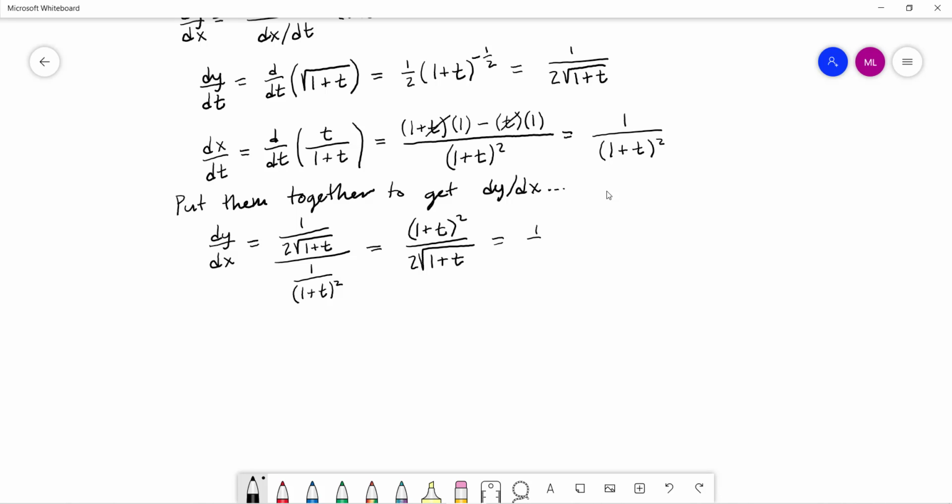And that can combine to give us this 1/2, because of this 2 down in the denominator, times 1 plus t to the 3/2 power. We have a 1 plus t squared on the numerator, 1 plus t to the 1/2 power in the denominator. Divide them out, you're left with 1 plus t to the 3/2 power times this extra factor of 1/2 that we have because of the 2 sitting there. So there's our derivative, dy dx.